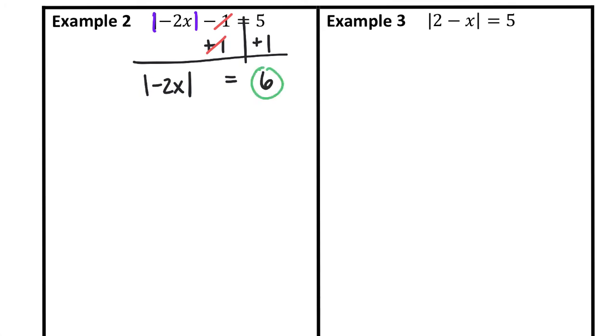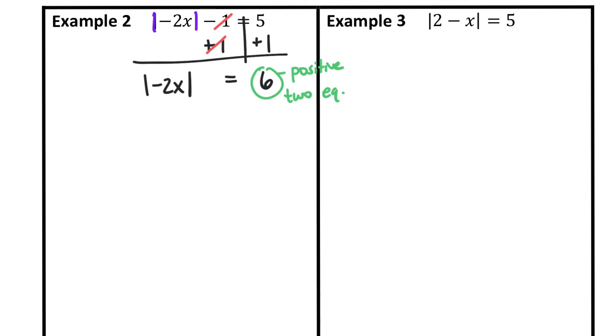So this is equal to a positive number, so I'm going to have 2 equations. What are those 2 equations going to be?